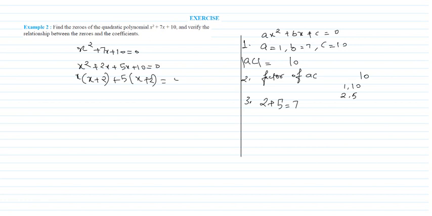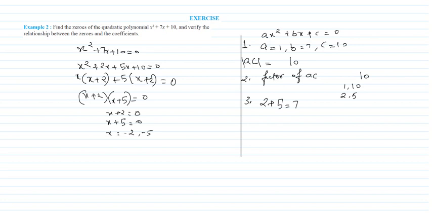Now from the equation, we take x plus 2 common, so it will be x plus 2 and x plus 5. And if we solve both of these by comparing them with 0, we will get the two roots of the quadratic equation.